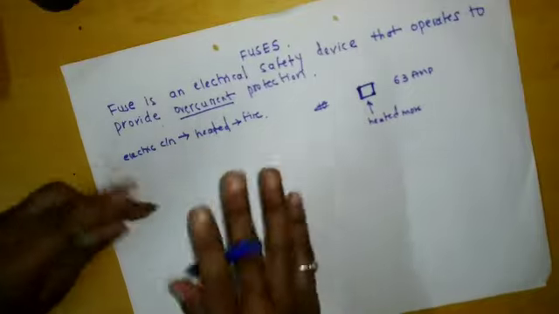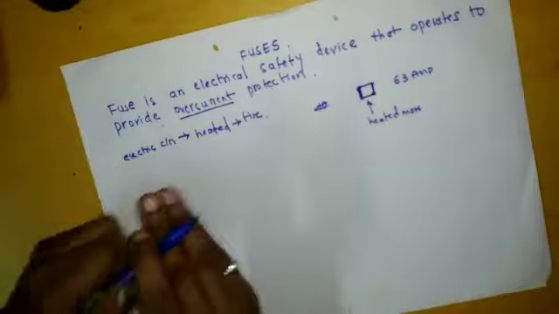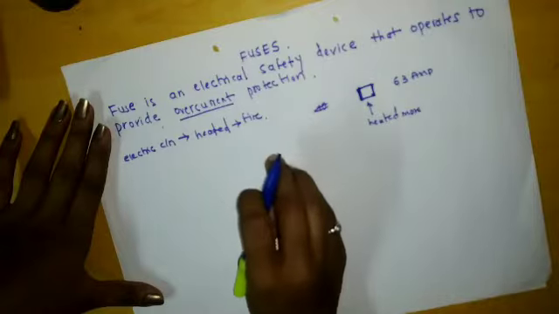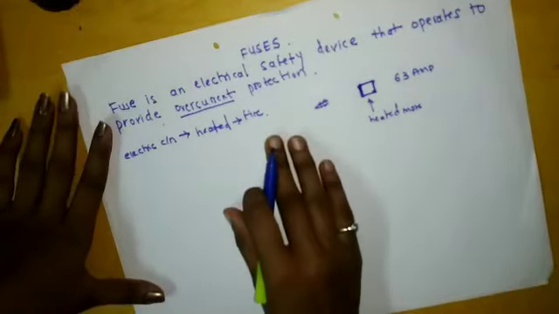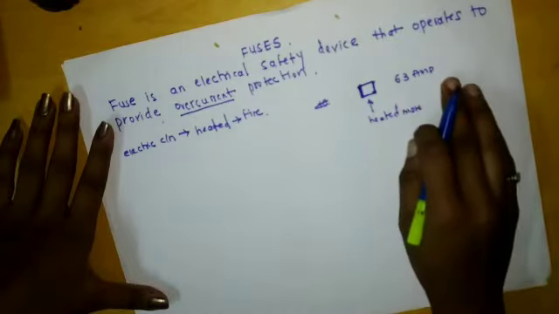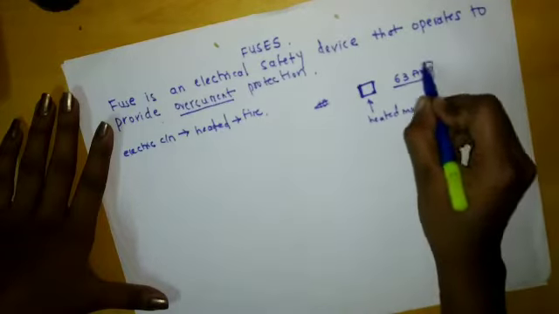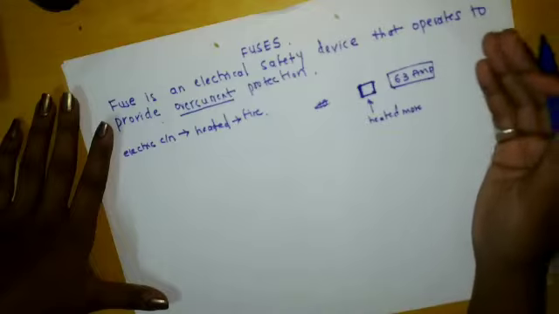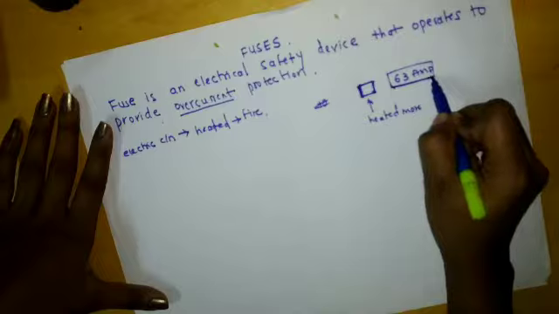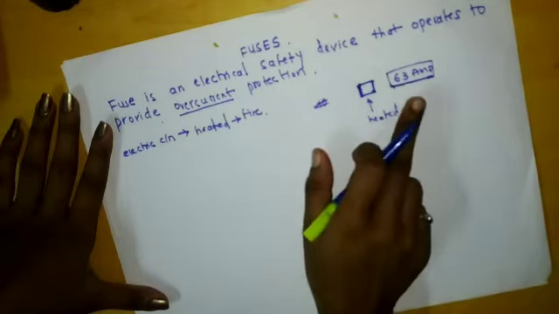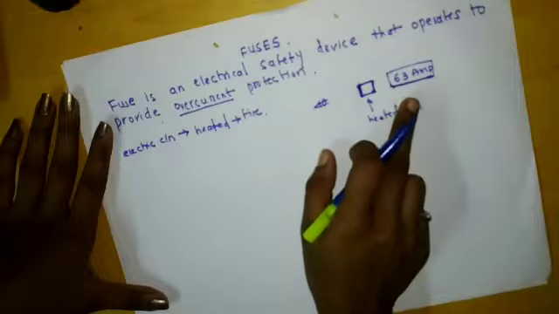So what is the duty of fuse wire? The duty of fuse wire is to carry the normal working current. What is meant by normal working current? As I said, this will be our normal working current, and if the current exceeds or increases beyond this, then it will be overcurrent, that will create heating and it will catch fire.